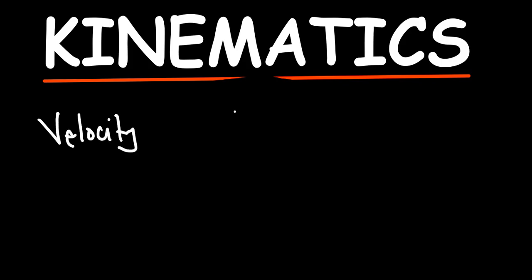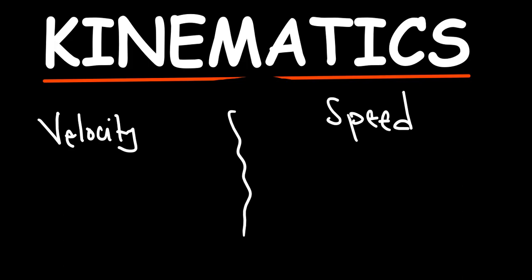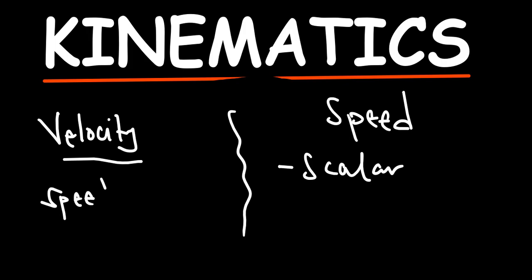It's very important to know the difference between these two quantities. Speed is just a scalar quantity; it does not have direction. And velocity is simply speed with direction, if we are to keep it plain.